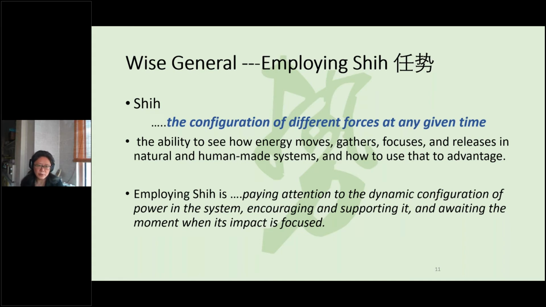And also, employing 是 is the ability of paying attention to the dynamic configuration of power in the system and encouraging it and supporting it, so that you can wait for the moment when victory presents itself. It actually means when the impact is most focused, so that we can just find victory rather than fighting for it.